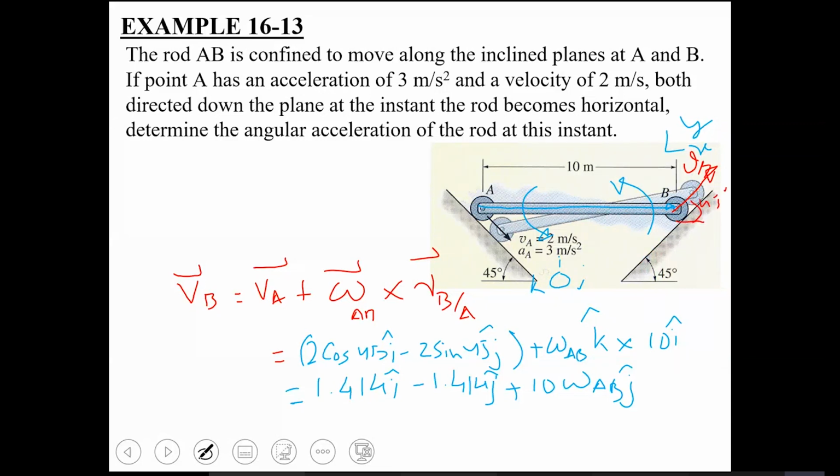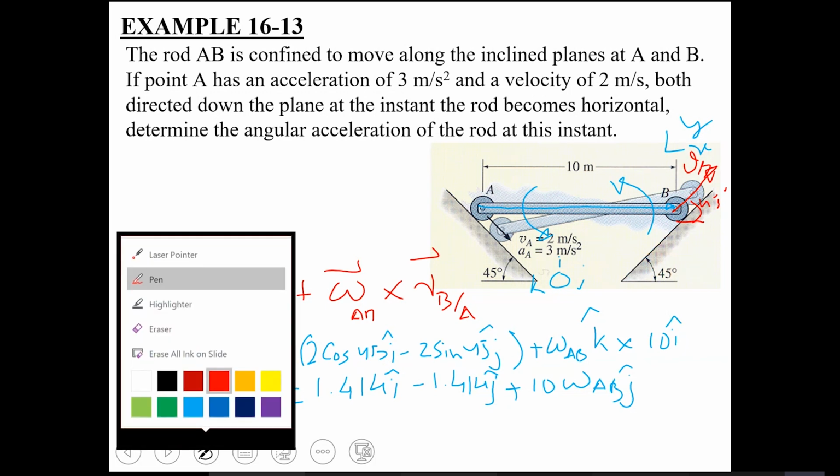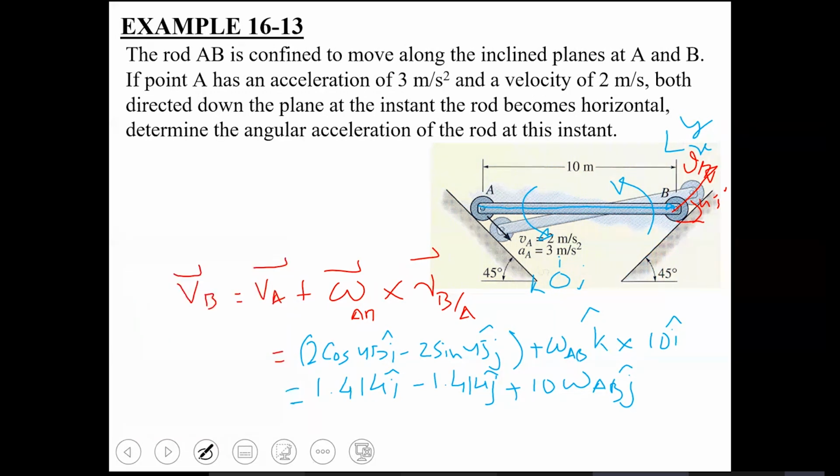So can we write this VB vector? VB cos 45 i hat plus VB sin 45 j hat, both positive because it is the first quadrant. So VB cos 45 i plus VB sin 45 j.